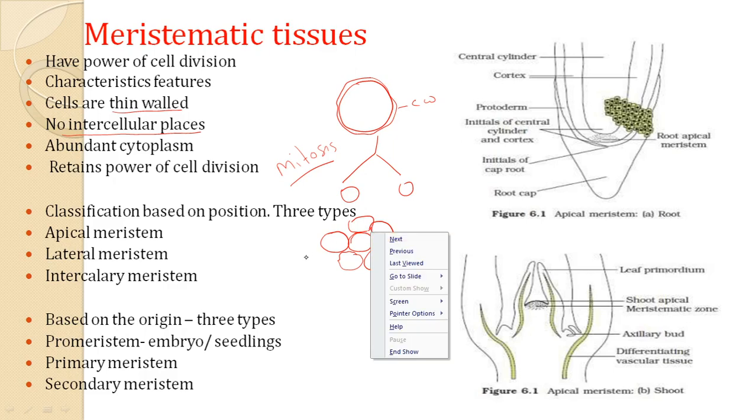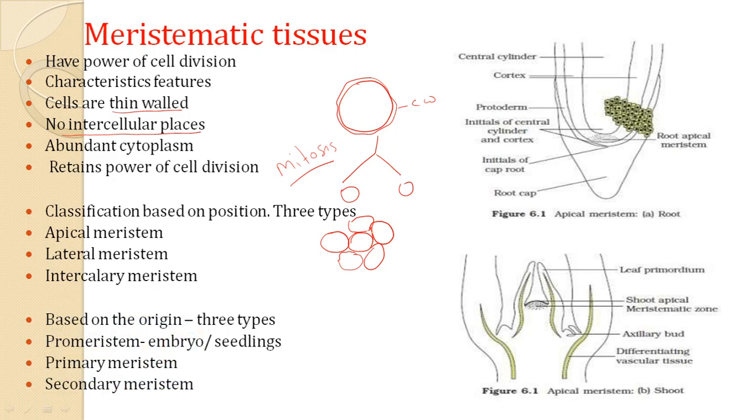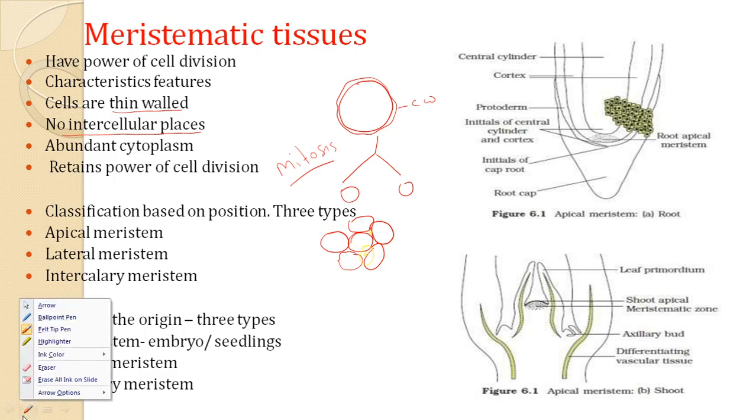These spaces, in yellow color, are in between the two cells, and such spaces are called intercellular spaces. So in meristematic tissue, there are no intercellular spaces.